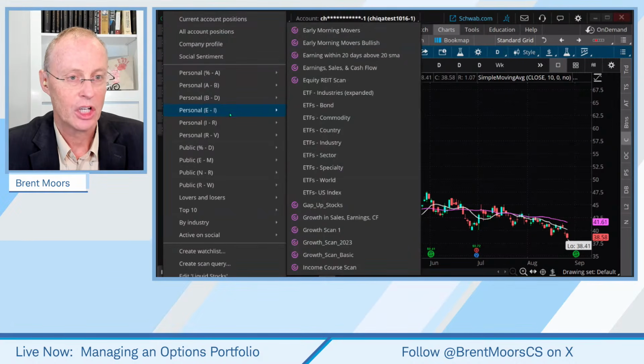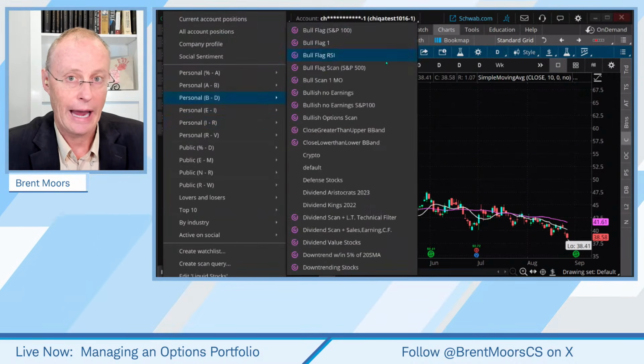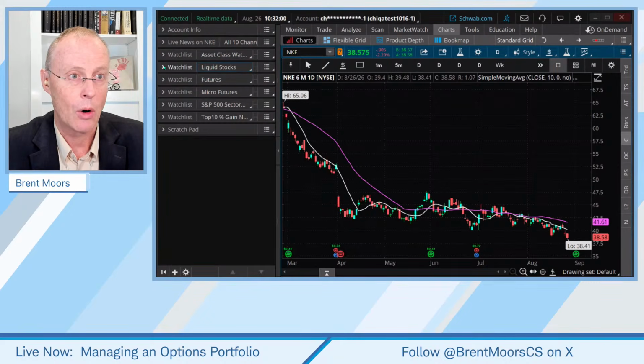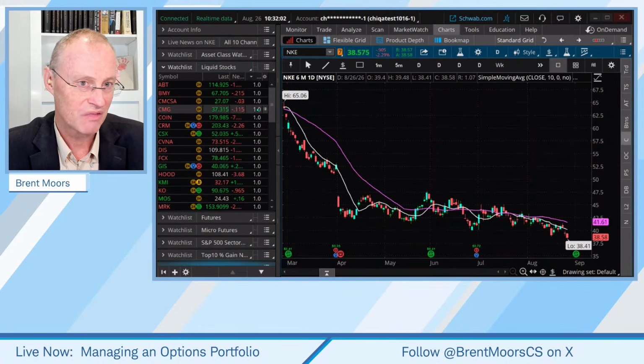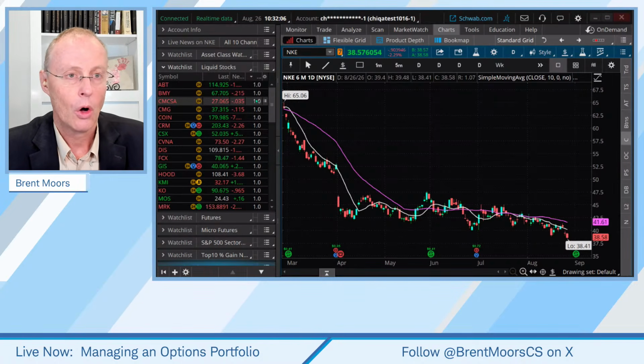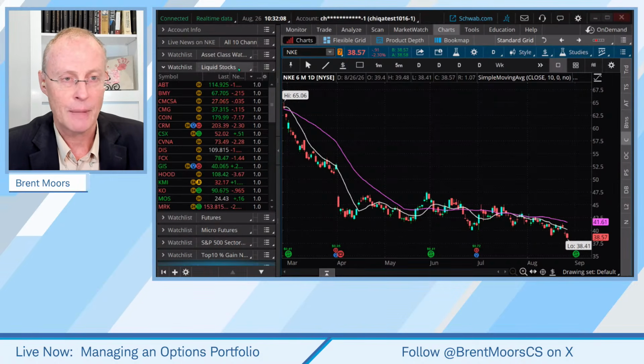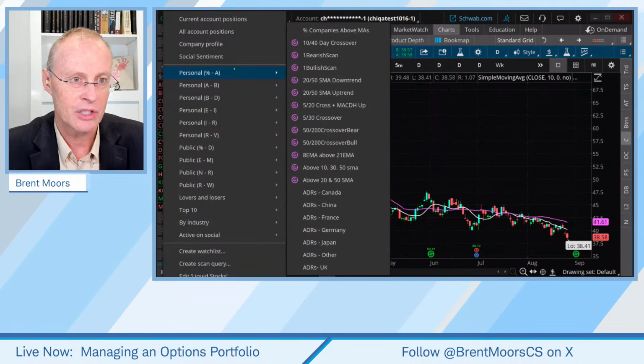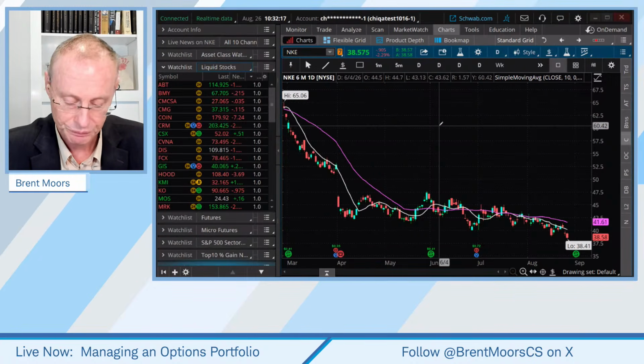Whether it's the liquid option scan and then just using our columns, whatever column you want to define bullish or bearish or neutral, or if it's something where you've saved, where it's actually more of a bearish scan that you've saved, okay? So there we go.